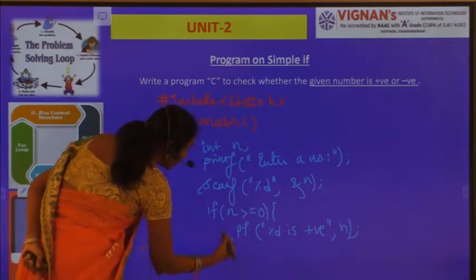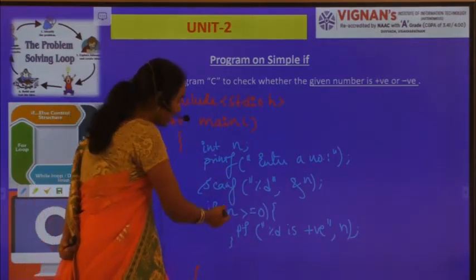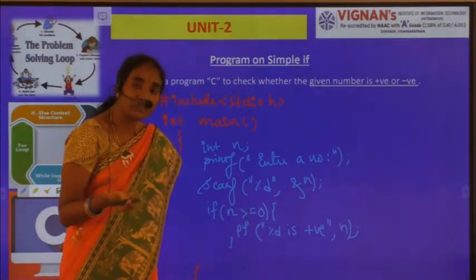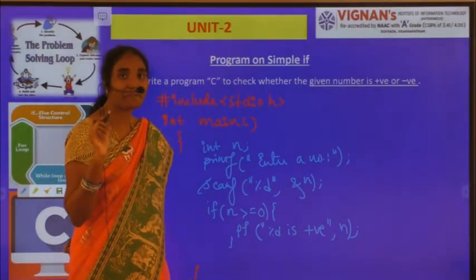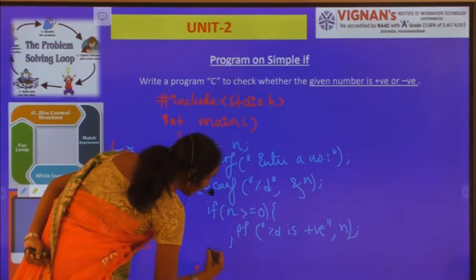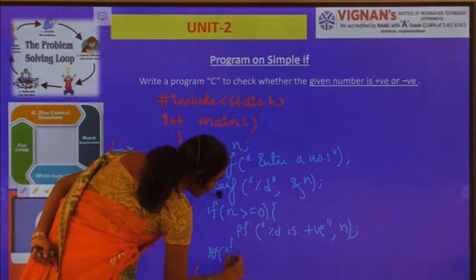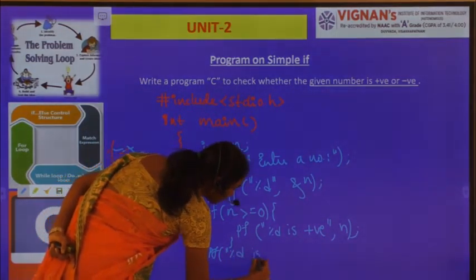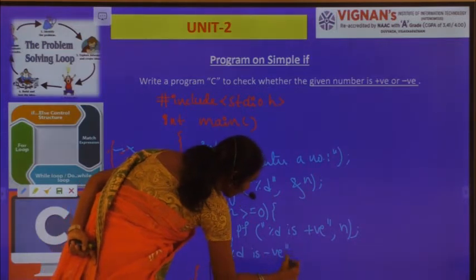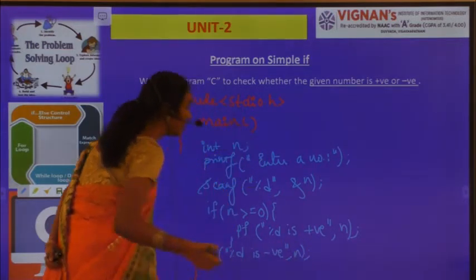Now if this condition evaluates to false, what does it mean? The given number is a negative number. So simply I'll write printf %d is negative, right? Is it clear to everyone?